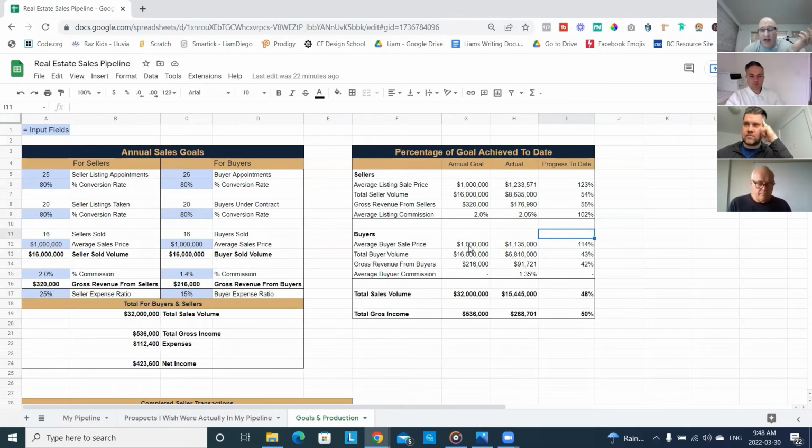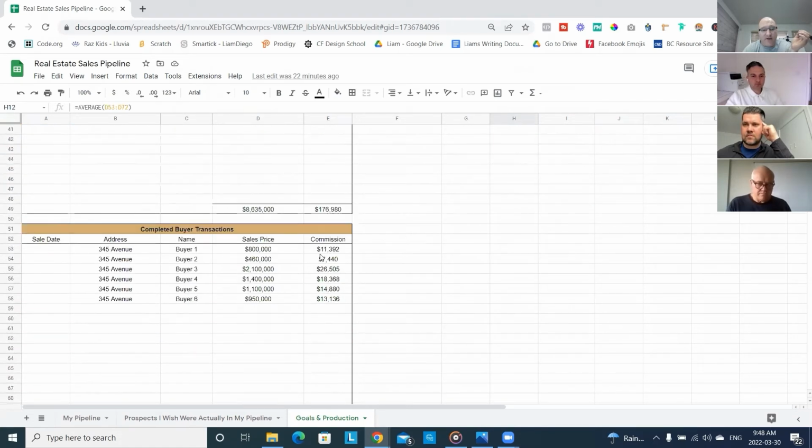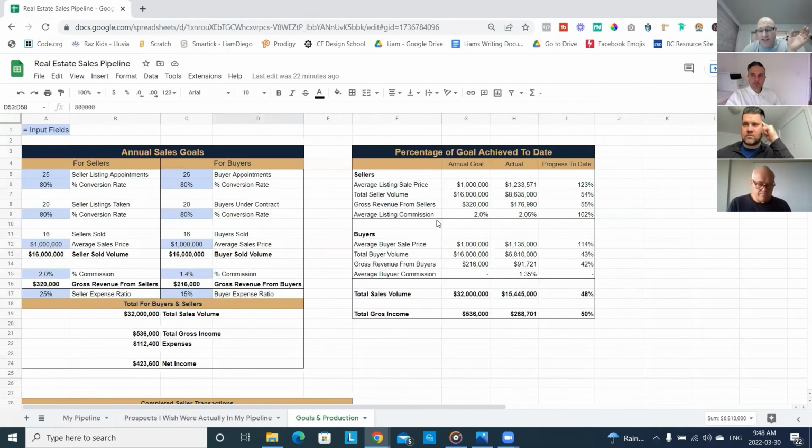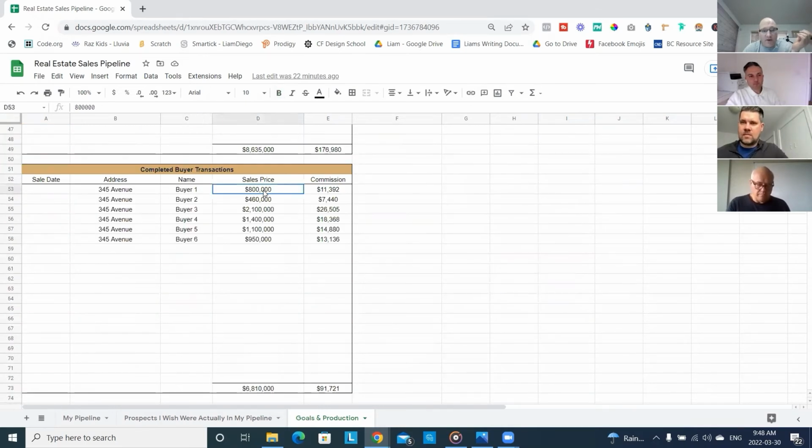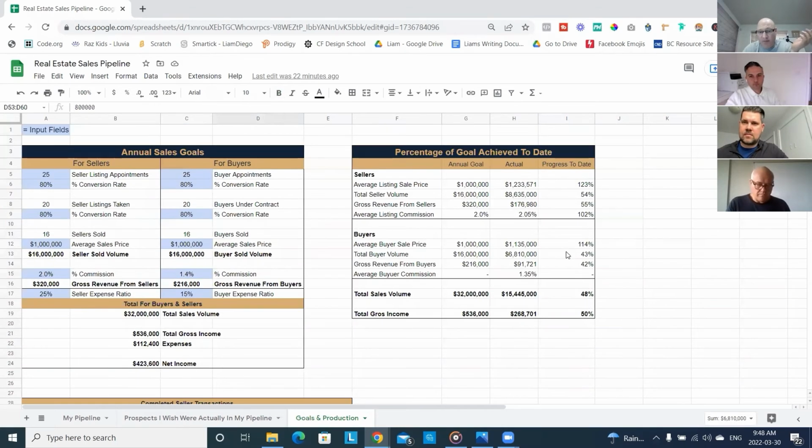You got your annual average, your average buyer sale price, which is taken from here, which you enter. Then it has your average buyer sale price that it is taking from here, your actual transactions that you put in. And then where you're at, and again, total buyer volume, which is here, buyer sold volume, my goal, total buyer sold volume is these added up, which auto populates with the percentage.